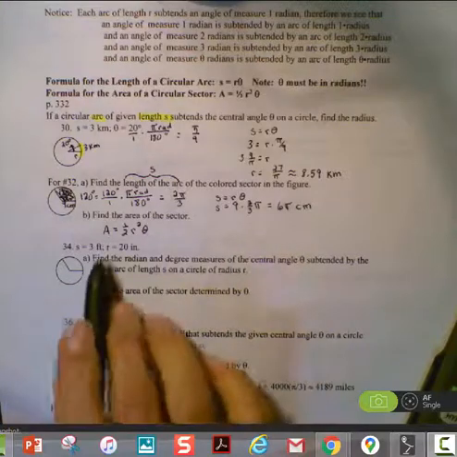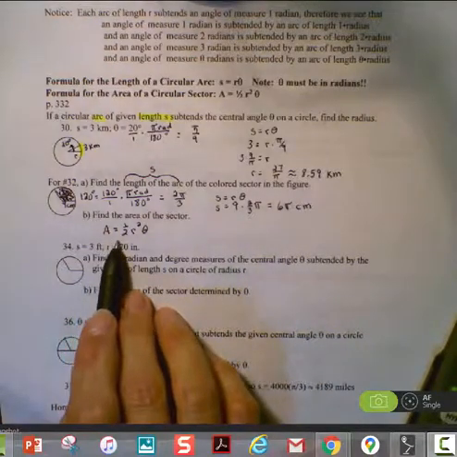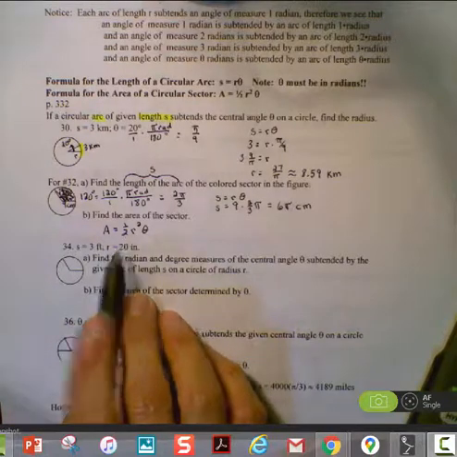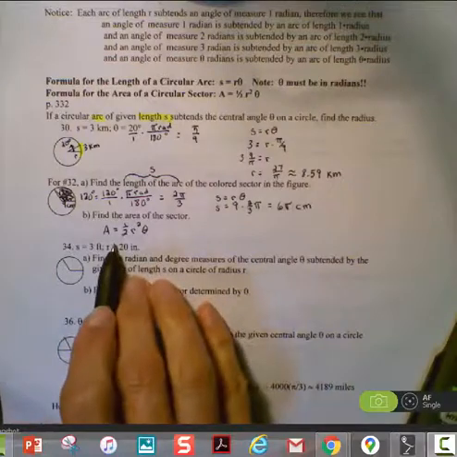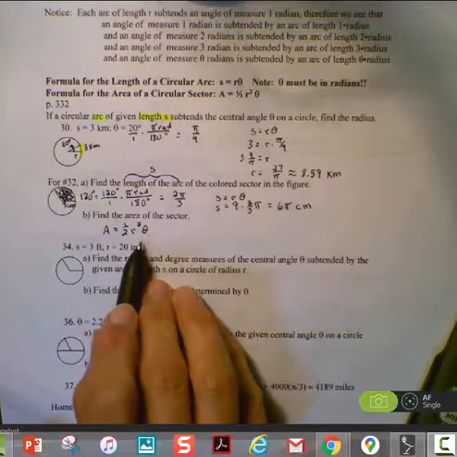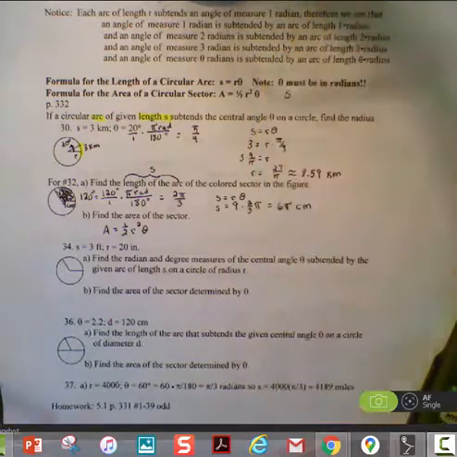If you think about that, it's very much like the geometry formula for finding the area of a triangle. The area of a triangle is 1/2 base times height. Let's see, let me write it up here.